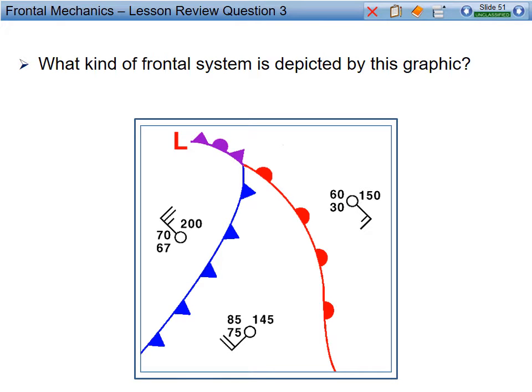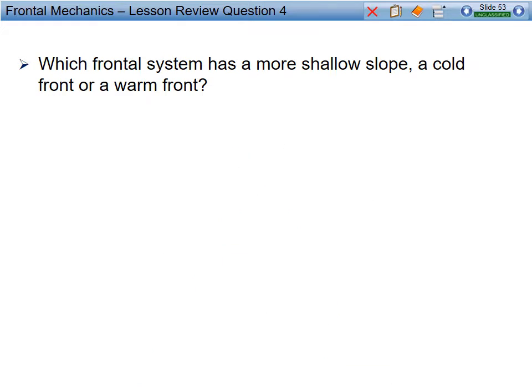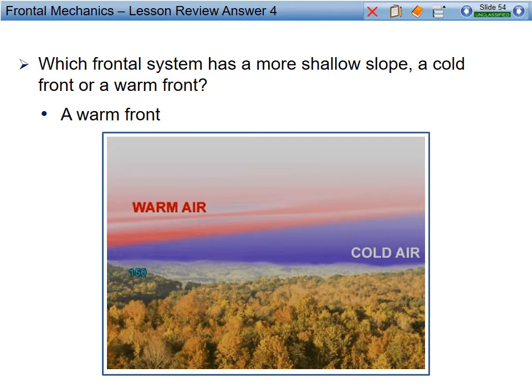What kind of frontal system is depicted by this graphic? In this case, we're drawing our attention to the occluded front where the warm and cold front become mixed. Which frontal system has a more shallow slope, a cold front or a warm front? A warm front has the long, shallow slope.